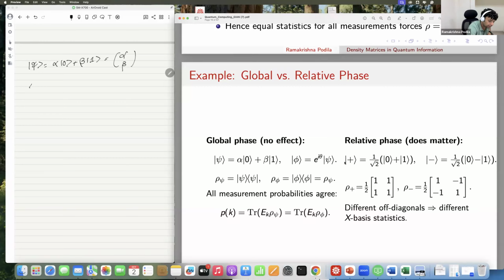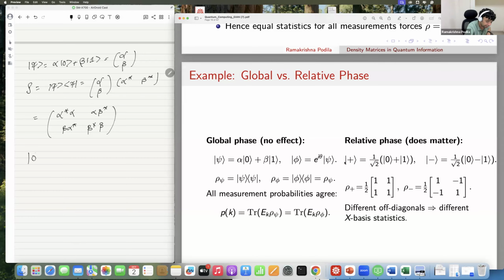So if I want to calculate rho for this, that would be |psi><psi|, which would be (alpha, beta) times (alpha star, beta star). Then that would give me alpha star alpha, alpha beta star, beta alpha star, beta star beta, right?